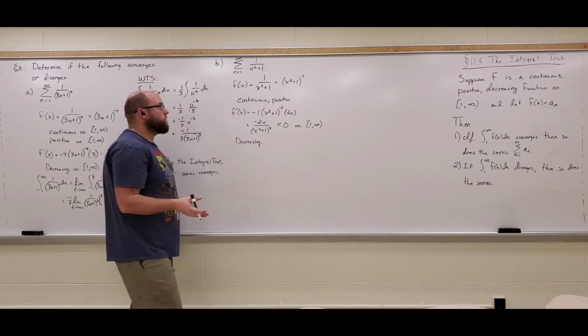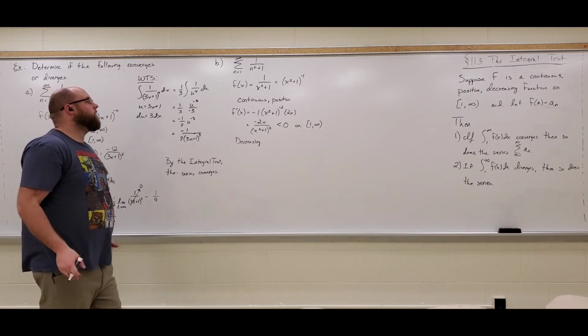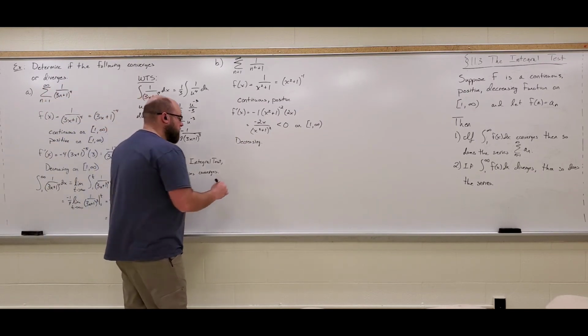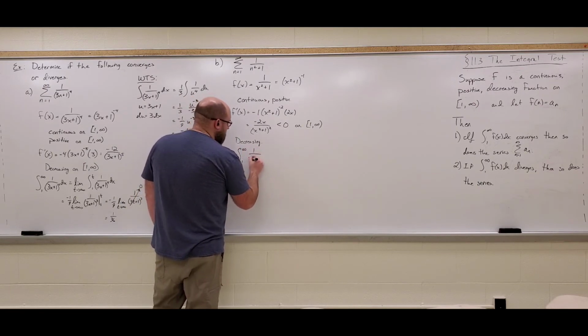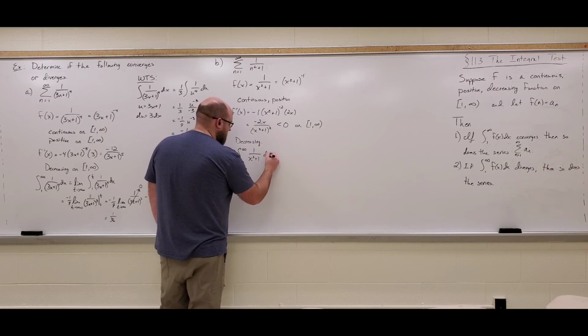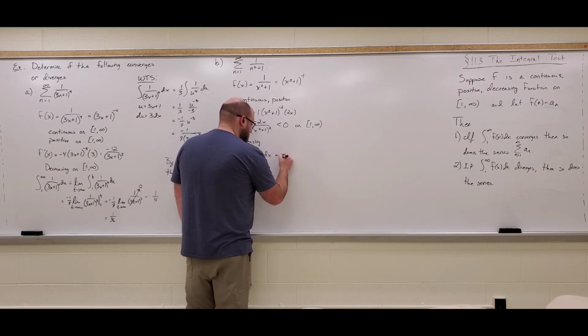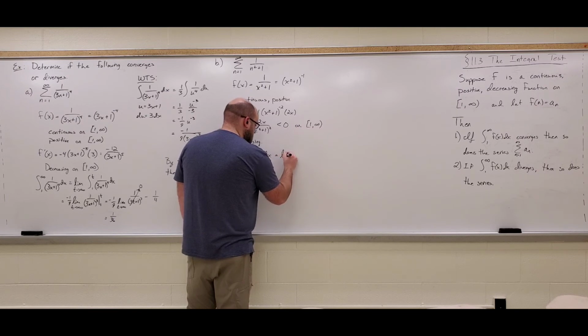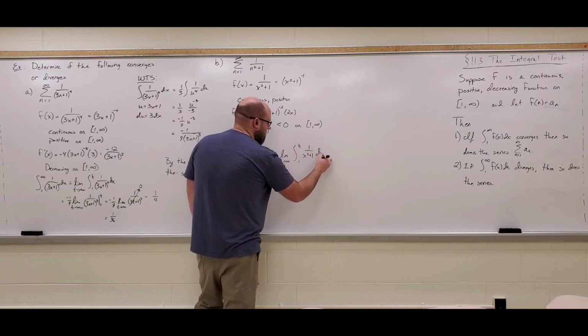Which means I'm ready to use the integral test. So now that I've satisfied all my conditions, I'm ready to apply the integral test. So I'm going to look at the integral from 1 to infinity of 1 over x squared plus 1 dx. And now I'm going to look at the limit as t approaches infinity of the integral from 1 to t of 1 over x squared plus 1 dx.